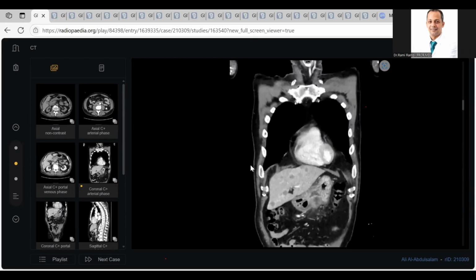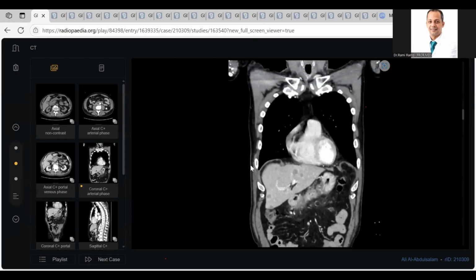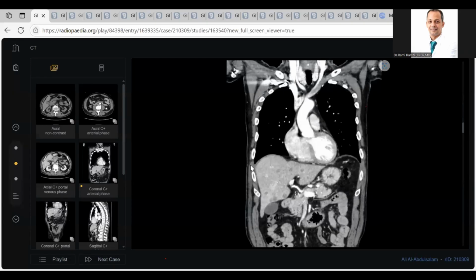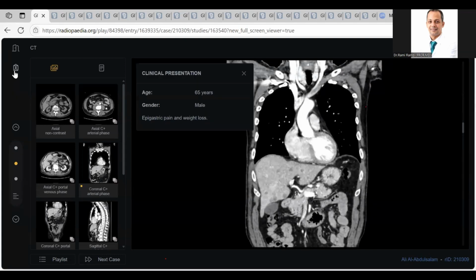I will inform the finding to the referring physician, who will suggest referral to the gastroenterology team and will suggest endoscopy and biopsy for tissue diagnosis. This patient also needs referral to the gastro-onco MDT for further management and staging.